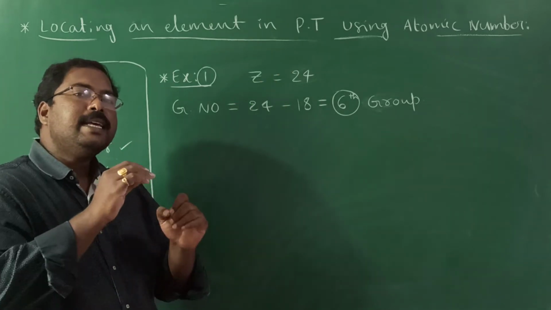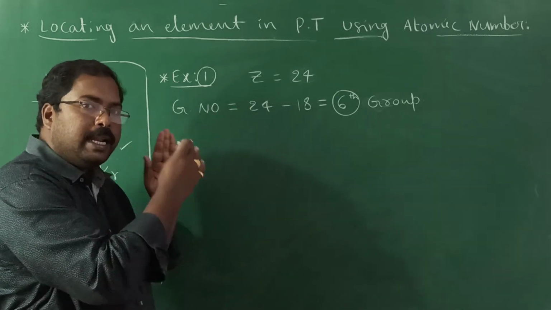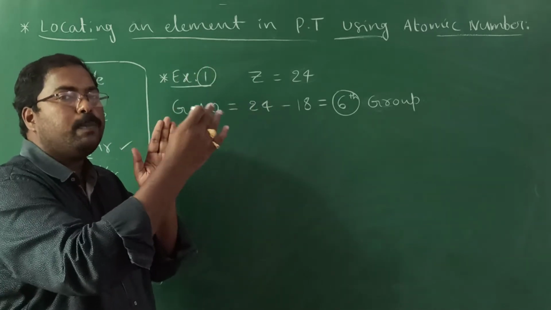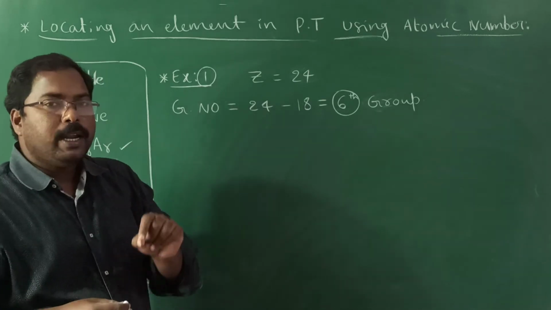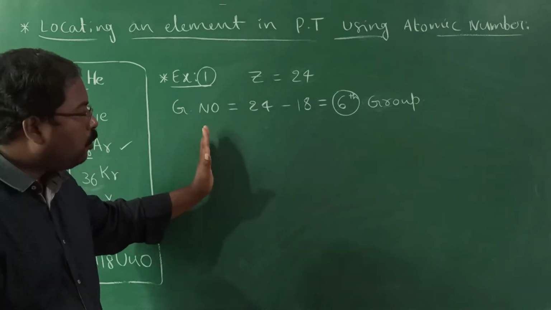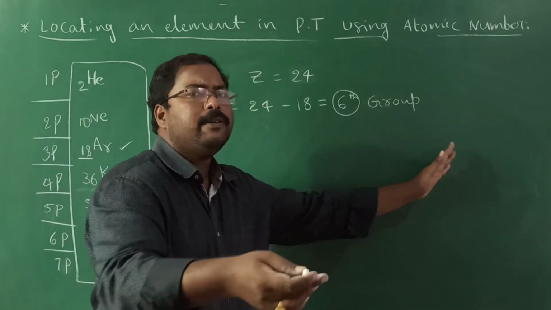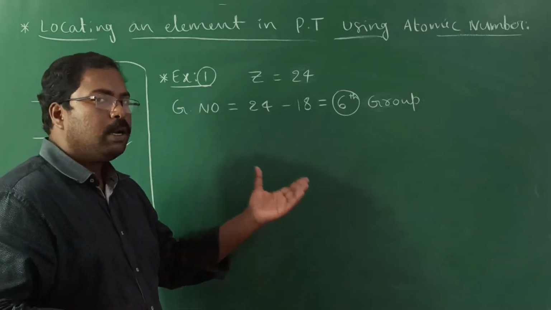I am not telling 6th A or 6th B. I am explaining this trick in terms of group numbers from 1 to 18, not in the way of 1A, 2A or 1B, 2B. If you know 1 to 18, then if they give the options in terms of 2A or 2B, we will come to know.